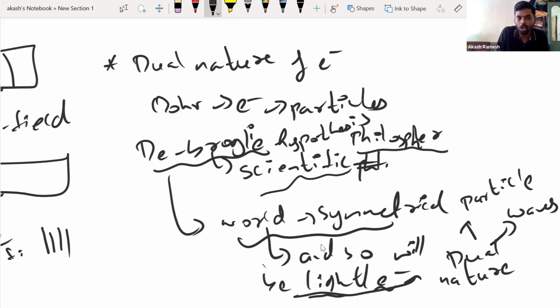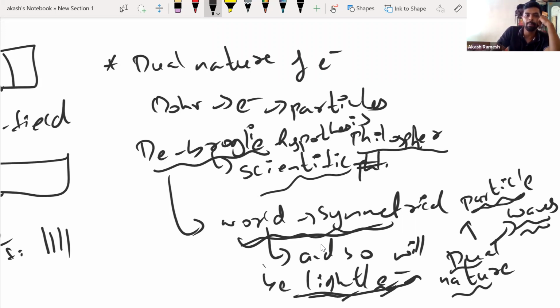So light or electron has both particle nature as well as wave nature. How he said it is very simple: the entire world is symmetrical, and the same is applicable for light or electron, because they are also in the world we live in. So both electron and light will have particle nature, and sometimes they behave as particles, sometimes as waves.